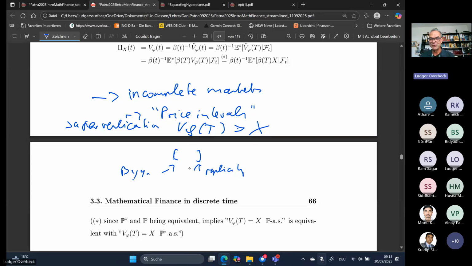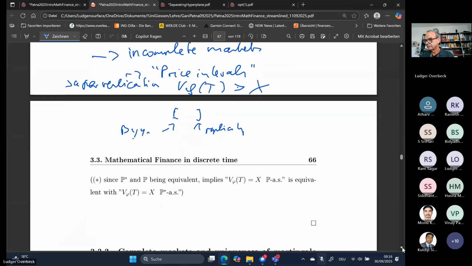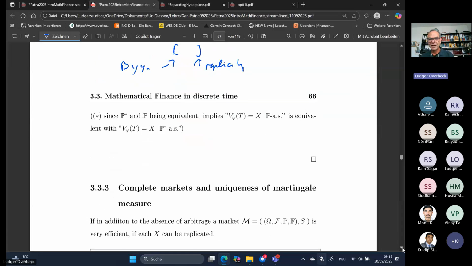In real life you have to find that, but at least you know the boundaries. Okay, because it becomes complicated if you have multiple prices and non-attainable claims.